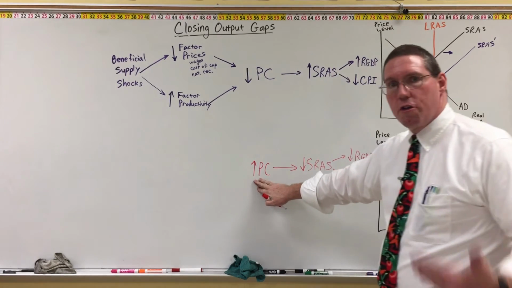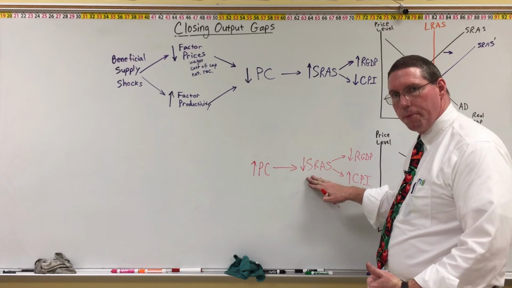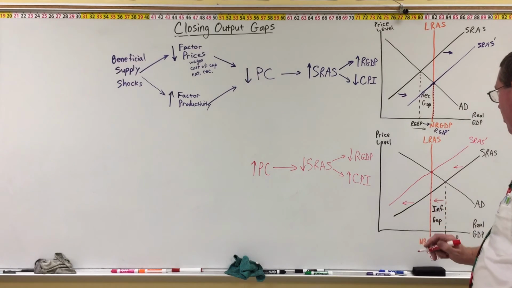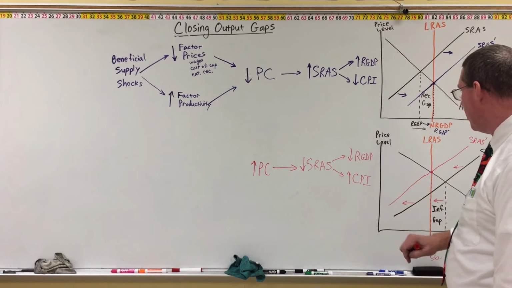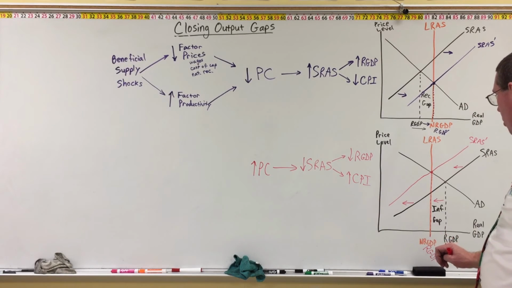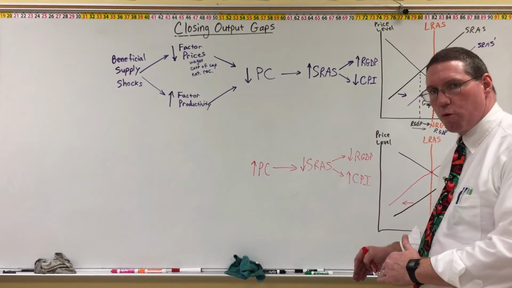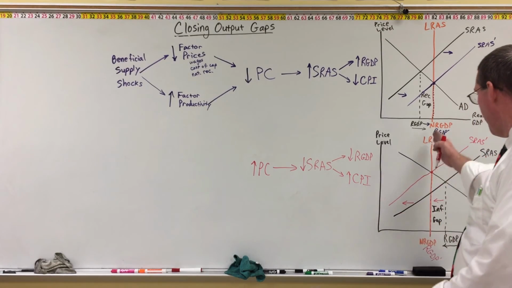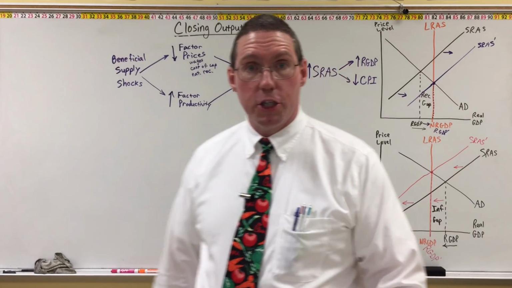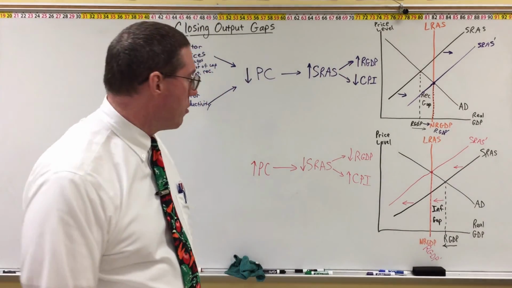So when production costs go up, short-run aggregate supply goes down. That's a left shift of the short-run aggregate supply curve. Real GDP goes down so that it equals natural real GDP. We slow up the economy a little bit so we don't overuse our resources, and then we get back into long-run equilibrium where we can still accomplish our economic goals without overusing and burning out our resources.